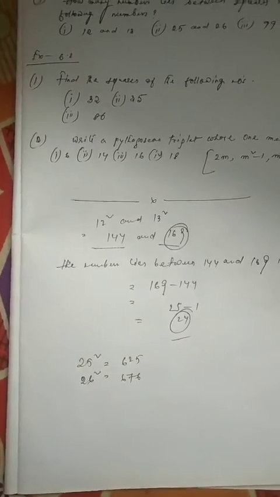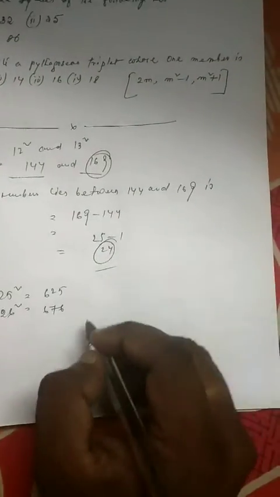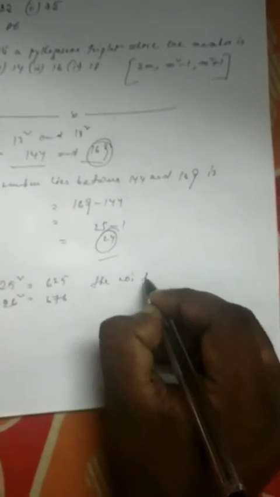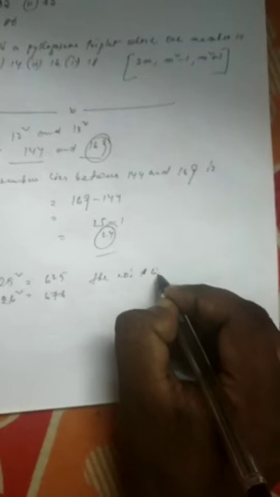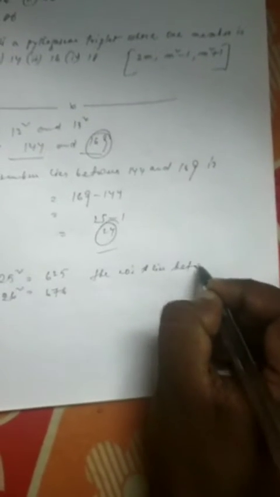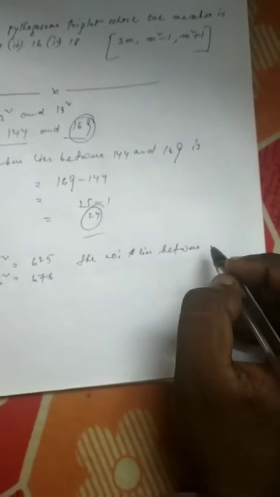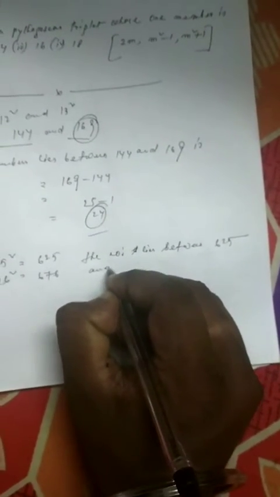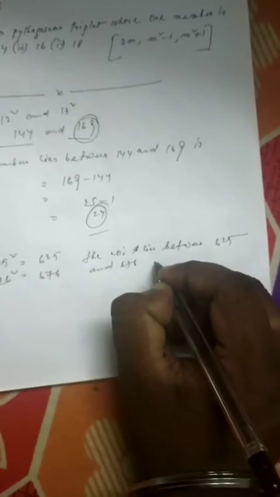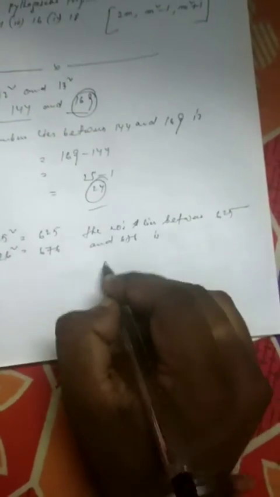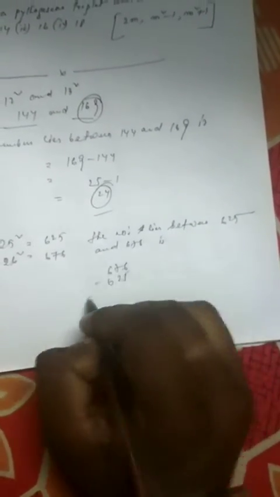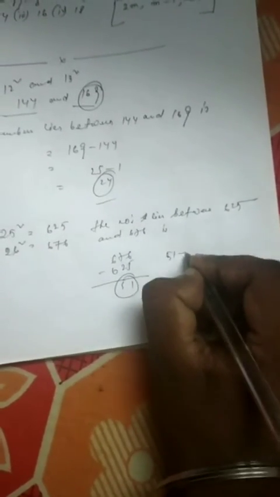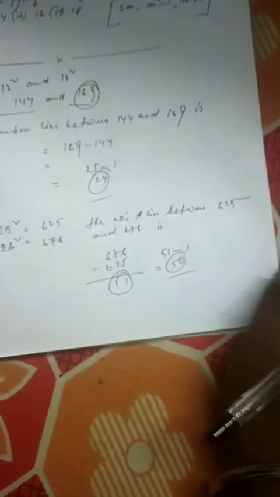So how many numbers lie between them? I have to subtract. The numbers between 625 and 676 is 676 minus 625, which is 51, and we have to subtract 1. 51 minus 1, there are 50 numbers.